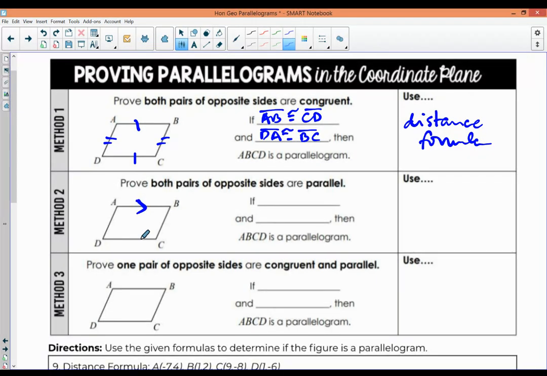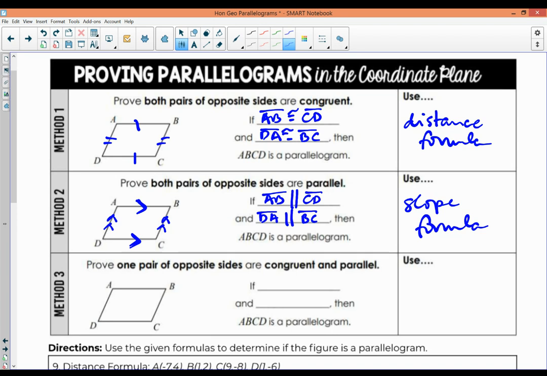So our little arrows, these two sides have to be parallel. So if that is true, and these two sides are parallel to each other, segment DA and segment BC are parallel, then we have a parallelogram. And that's our slope formula.